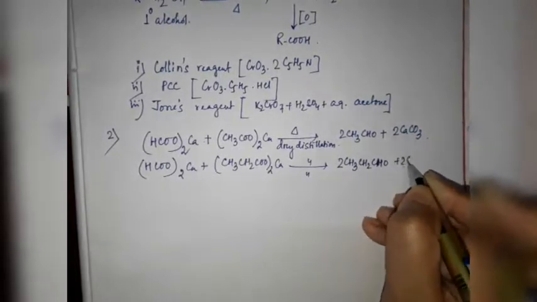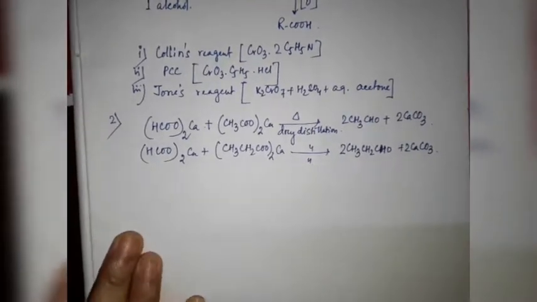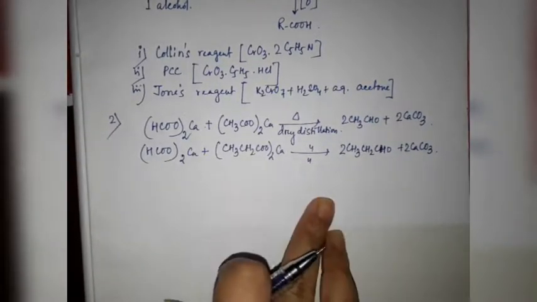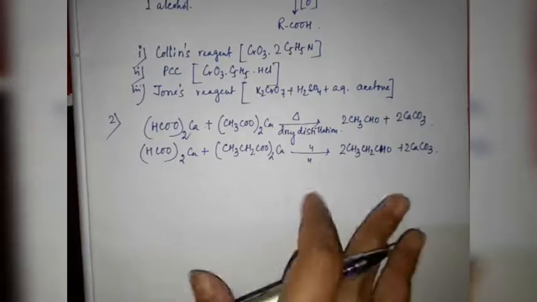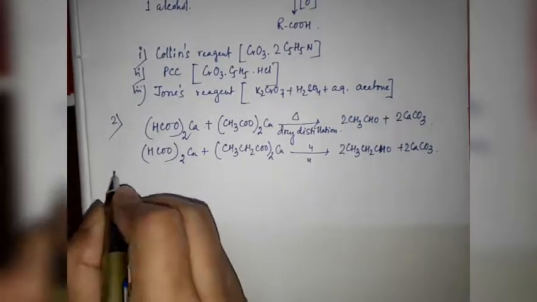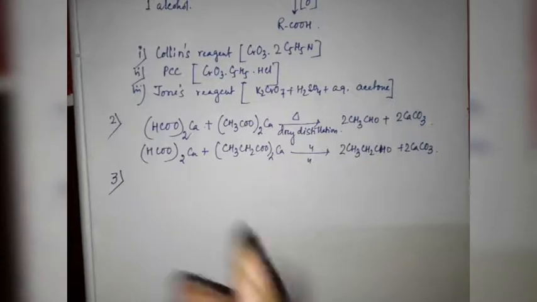Along with this same calcium carbonate we are getting. And if calcium formate alone is subjected to dry distillation, then we can get formaldehyde as our product.